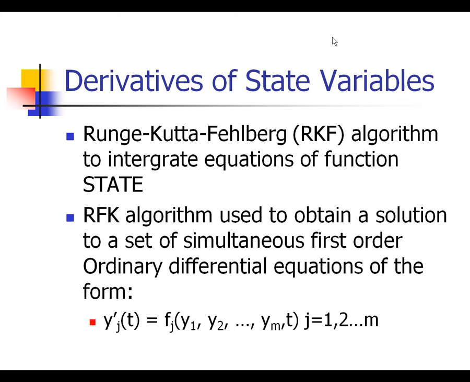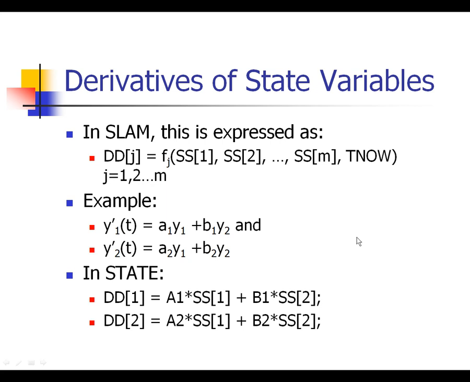So it's used to basically obtain the solution of a set of simultaneous first order ordinary differential equations of this form. So we can express a state variable as a derivative, which is a function of other state variables in the system.